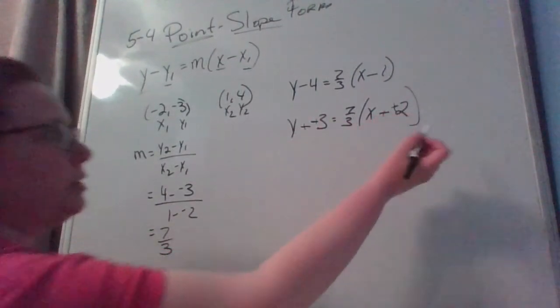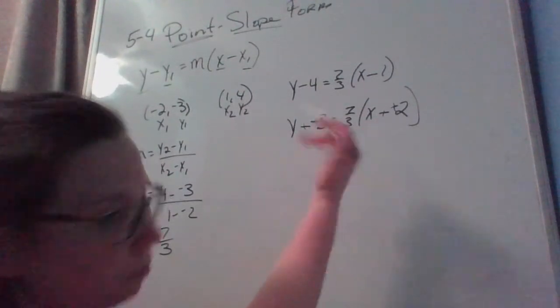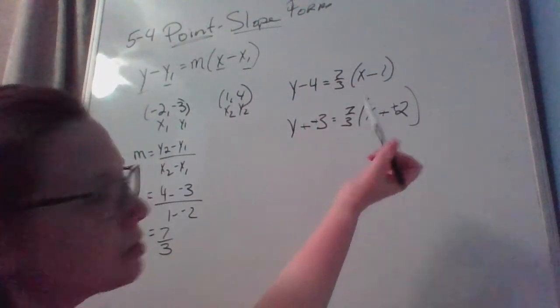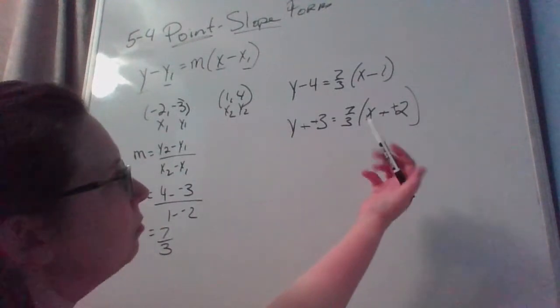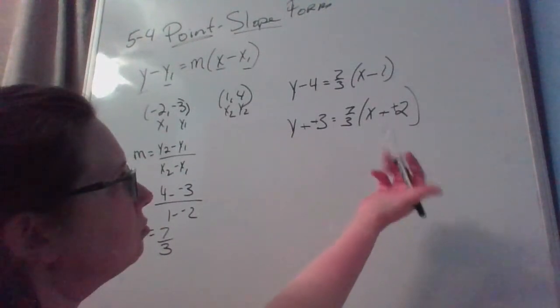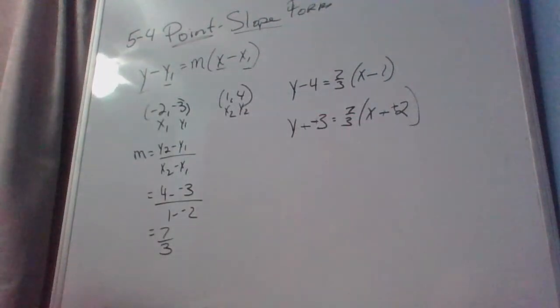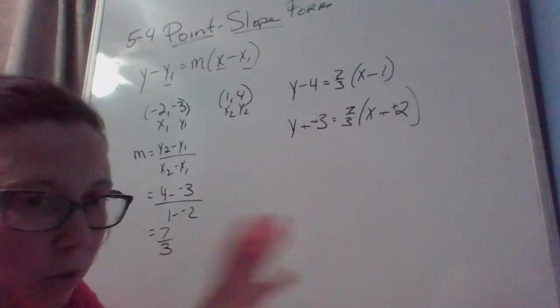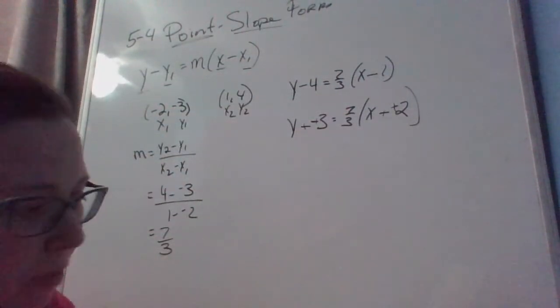Even though these are different numbers in here, if you work these out, so if we distribute that 7/3, they're going to end up being equivalent equations. So either one is okay, I guess is what I'm trying to say. They're both proper point slope forms. One of you could have this one, one of you could have this one, and you would both be right.